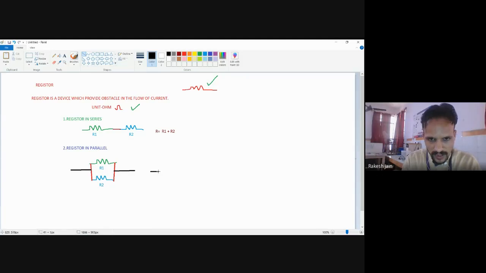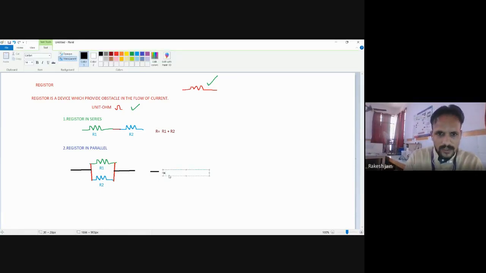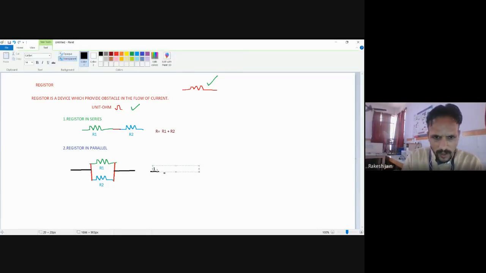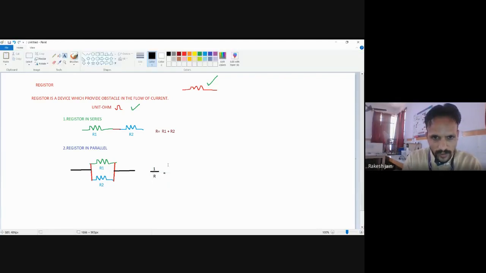In the case of series, they are summed with each other, but in the case of parallel, the formula is: the total resistance is R, but first we write 1 divided by R, that is equal to 1 divided by R1 plus 1 divided by R2.